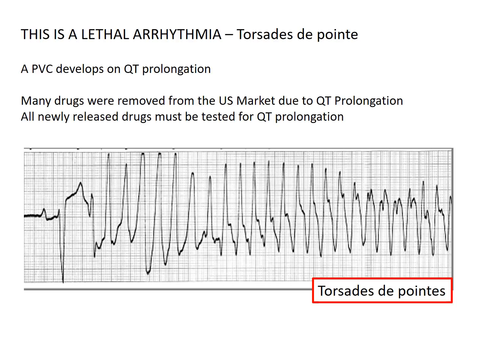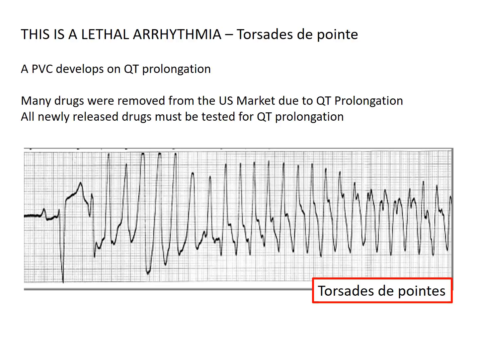Look at this in a second here. A lot of drugs were pulled from the US market due to QT prolongation. People get on a drug, the QT interval is prolonged, they develop a PVC or PVCs on top of QT prolongation, and they went into this twisting of the points, or torsades de pointes, cardiac rhythm.